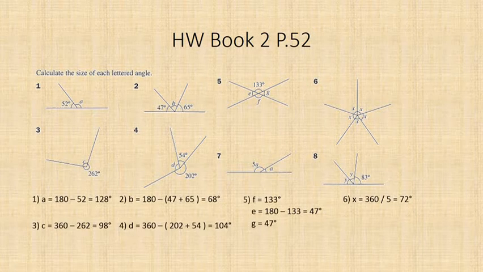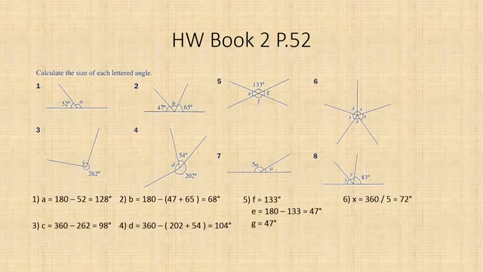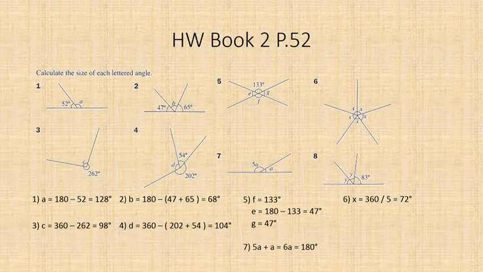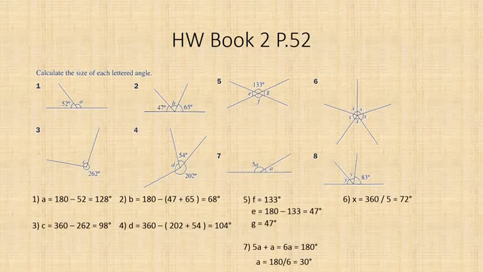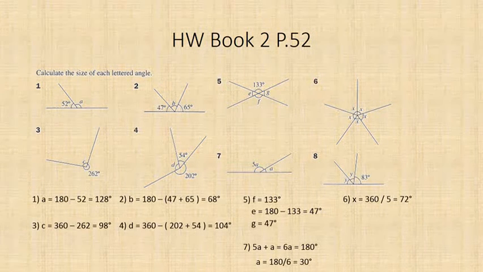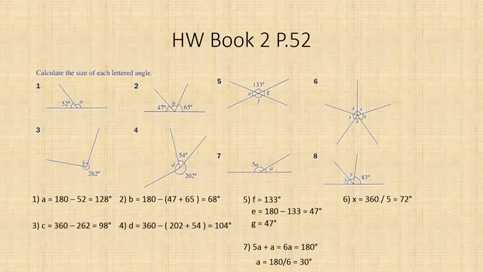And then 180, because this is the sum of them, divided by 6, is going to be 30 degrees. It's exactly like here. Here it has 5 x's, and you did 360 divided by 5. Here I have 6A, and they all equal 180, so I will divide 180 by 6. It's going to be 30 degrees.